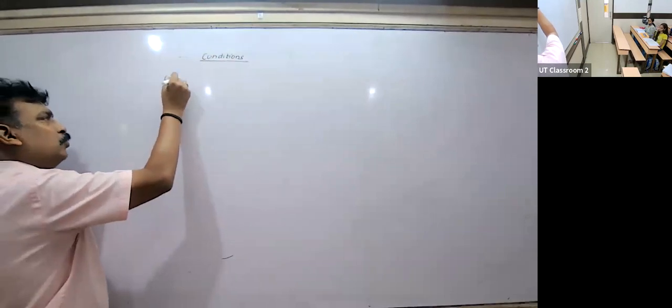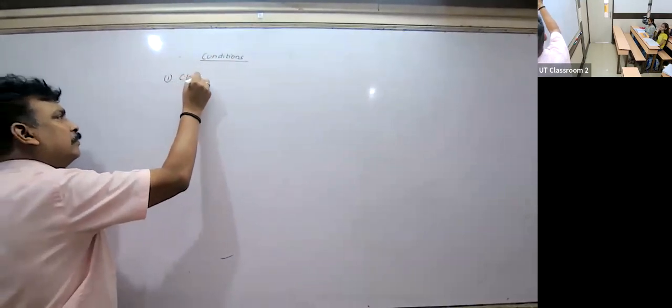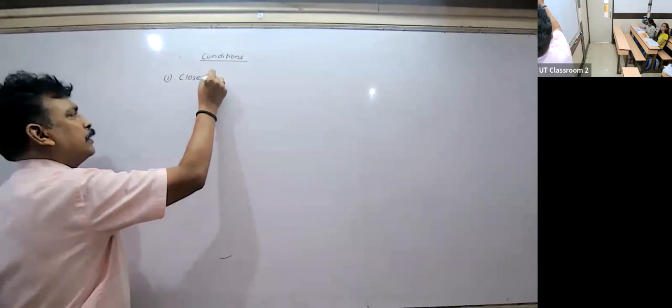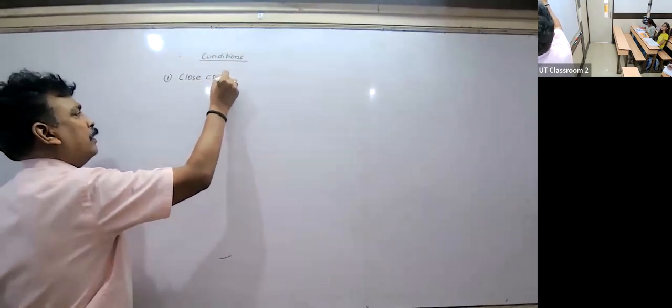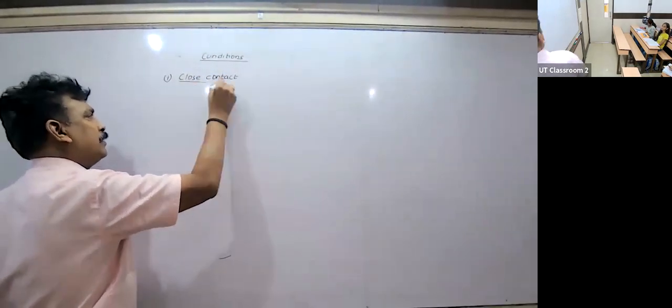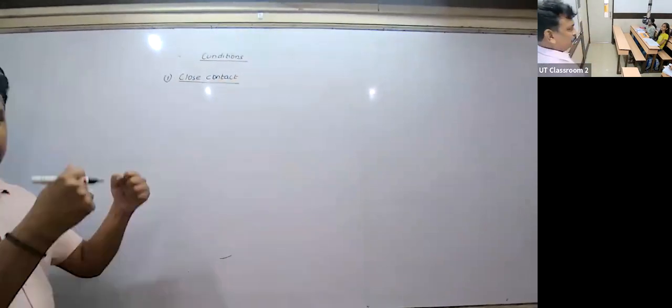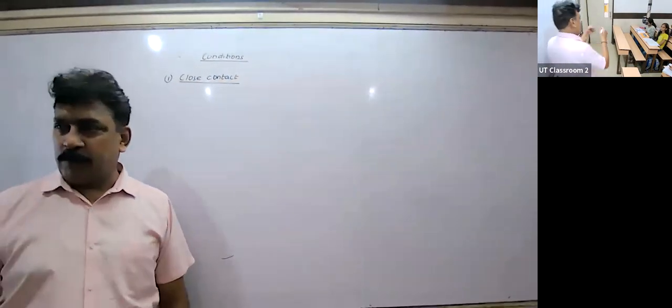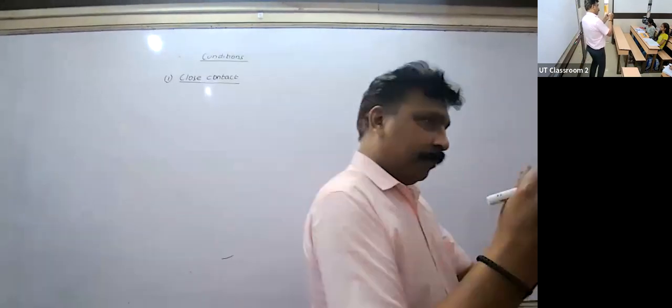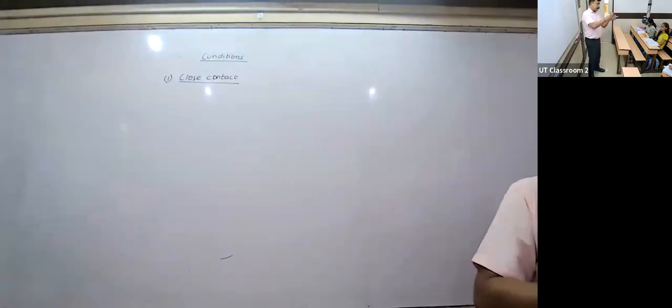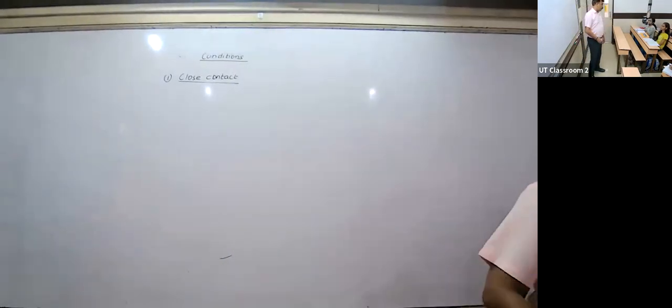Close contact. Now, what is the idea of a chemical reaction? A chemical reaction is basically a collision between the reactant molecules. When the particles collide with each other, they result in the breaking of one bond and formation of new bonds.